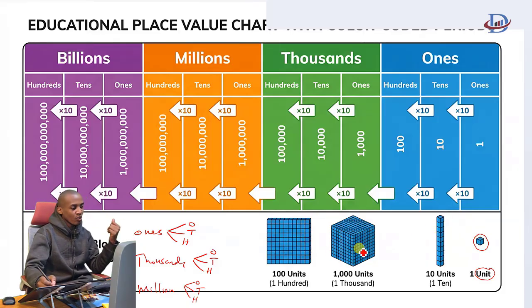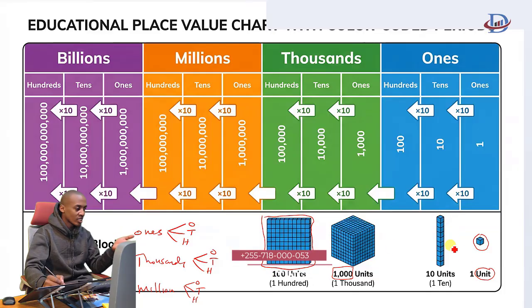That's why we say we have 1,000 units. It means we have 1,000 of these small boxes, which have been grouped into 10 groups of 100 unit bars.